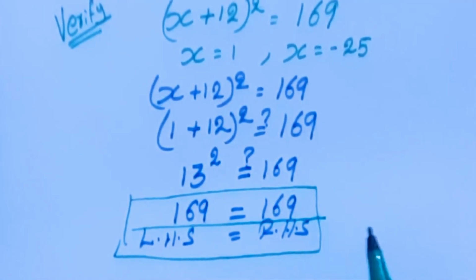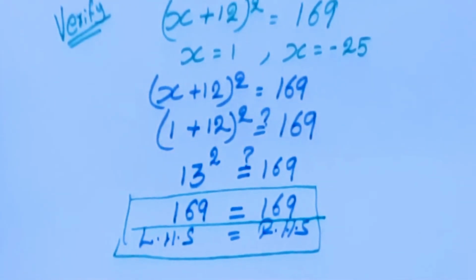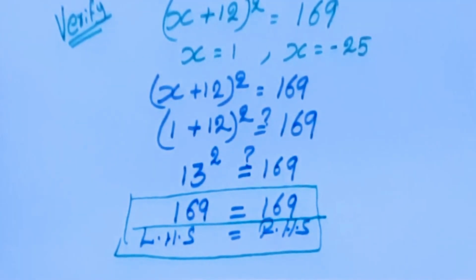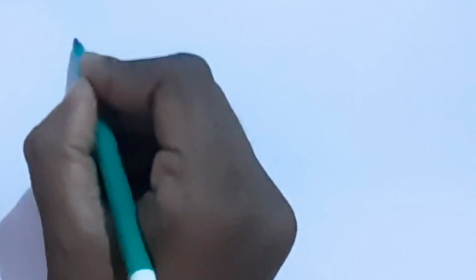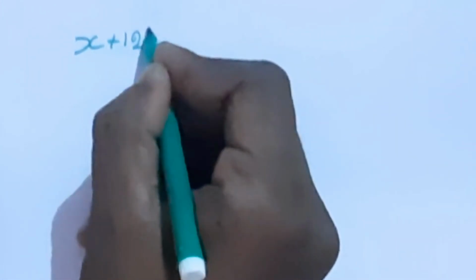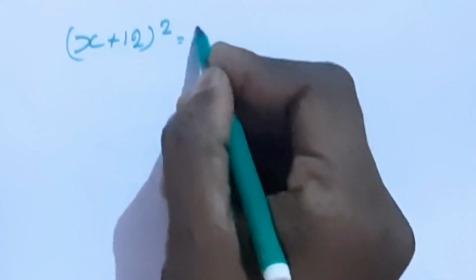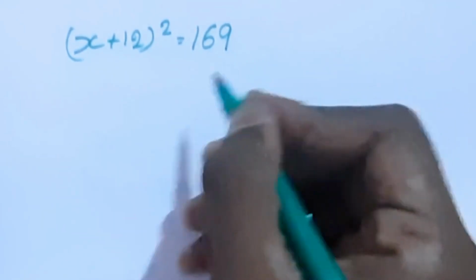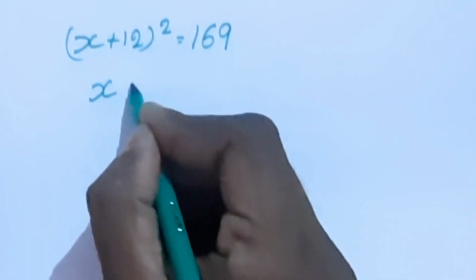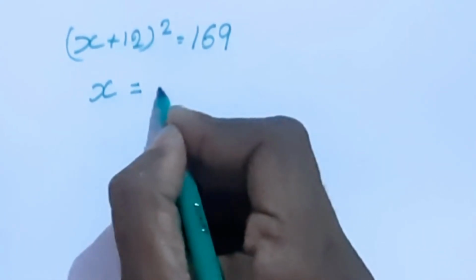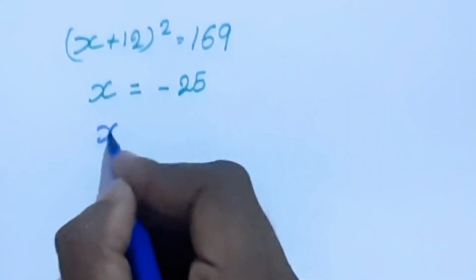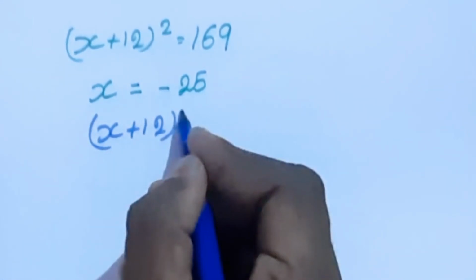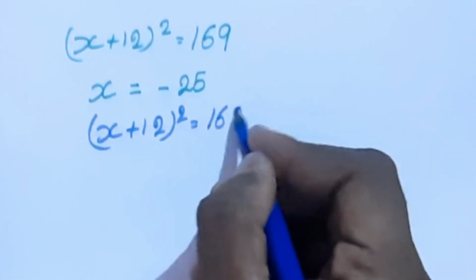Now we are going to substitute x = −25. Here the equation is (x + 12)² = 169.